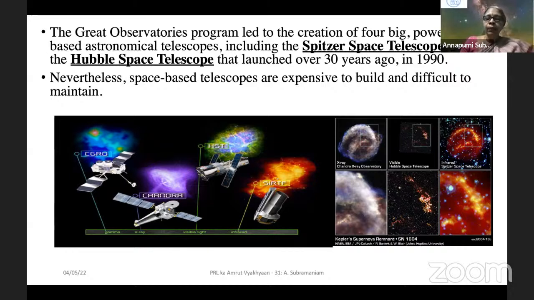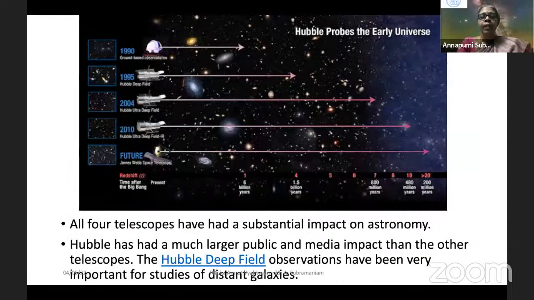These have significantly contributed, and there are a lot of other missions as well, but these are the major missions we should keep in mind. They have made a substantial impact on astronomy by themselves, but Hubble, being able to produce pretty pictures quite a bit, has had a larger public and media impact with respect to the other telescopes.